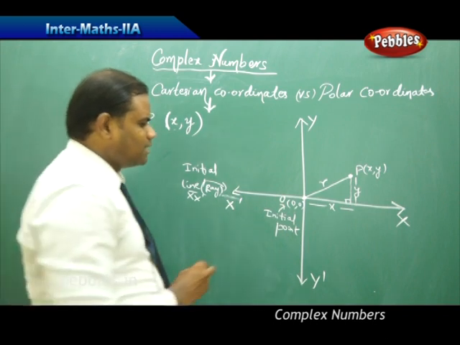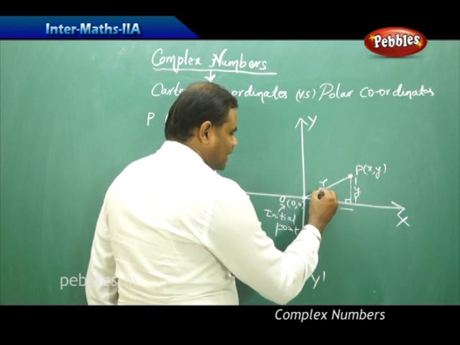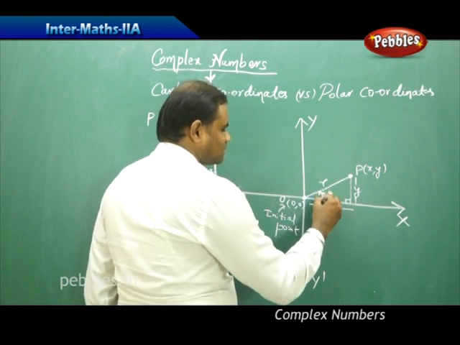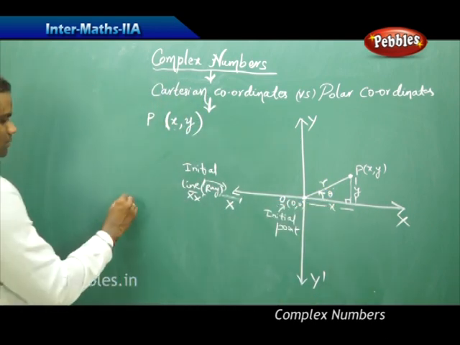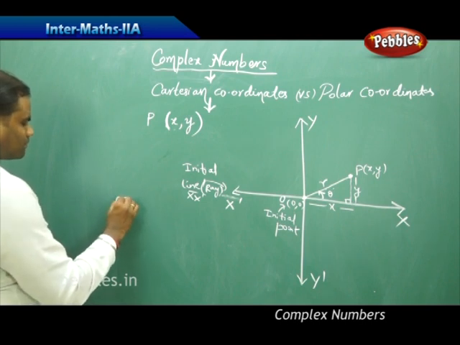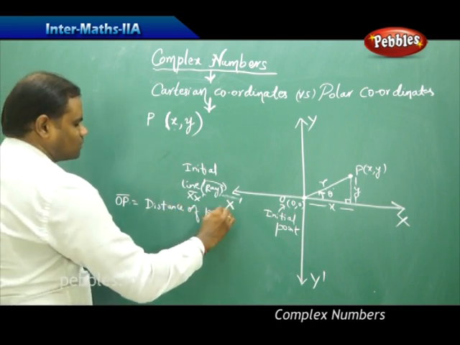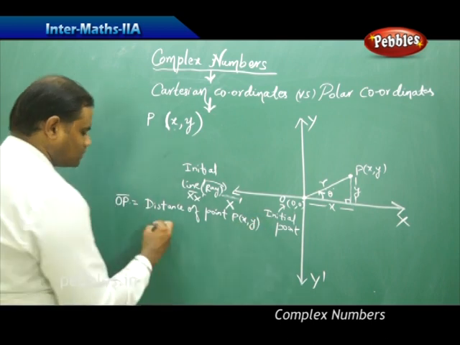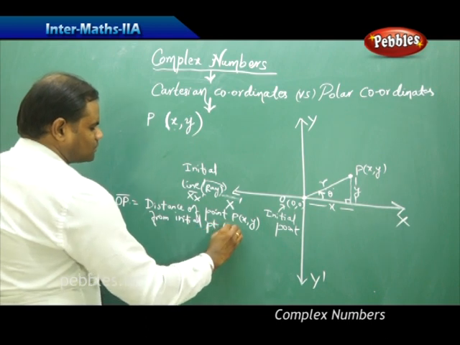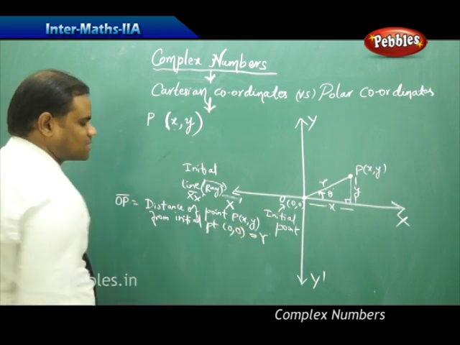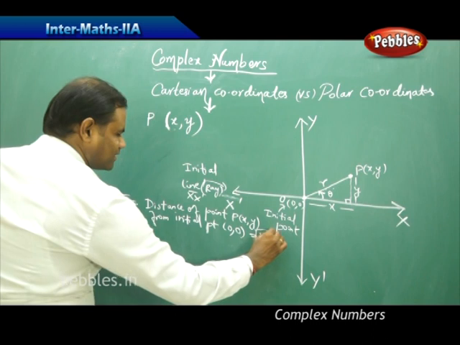Now let me say the angle made by OP with the initial line x dash in the anti-clockwise direction is theta. So this is r and this is theta, which I define. Here OP, that is the distance of point P(x, y) from the initial point, is taken as r.